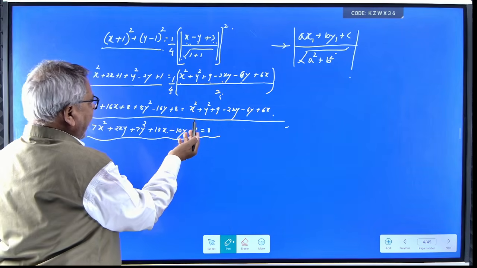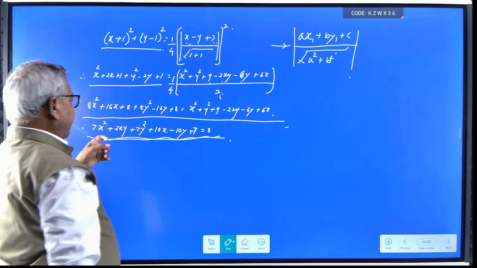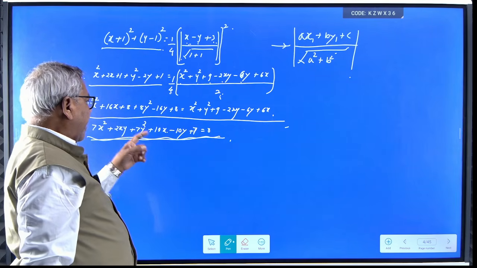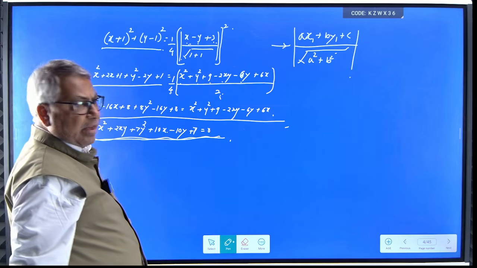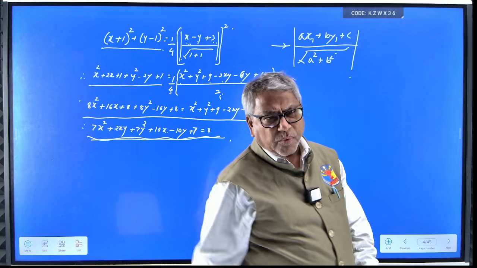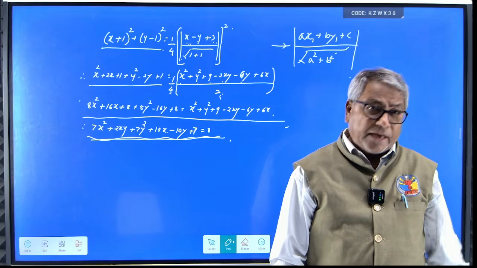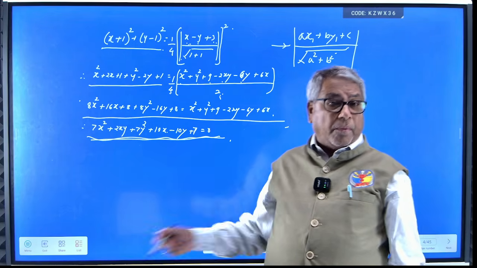It's easy. Actually, I have shown it there. So after simplification, the final equation comes to 7x square plus 2xy plus 7y square plus 10x minus 10y plus 7 is equal to 0. I collected the terms. It is not necessary that the equation must always be in the form x square upon a square plus y square upon b square equal to 1. It may be in this form.